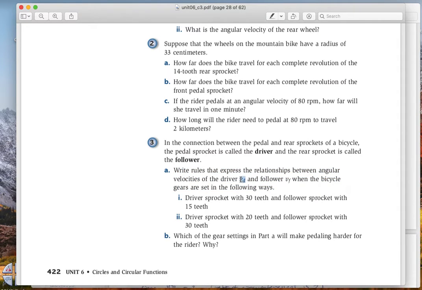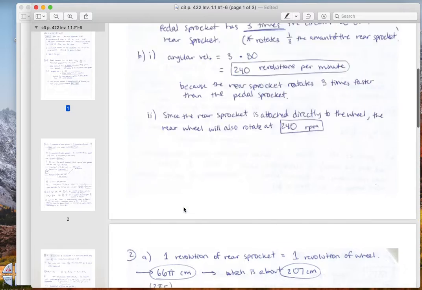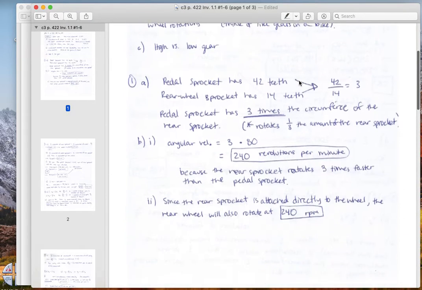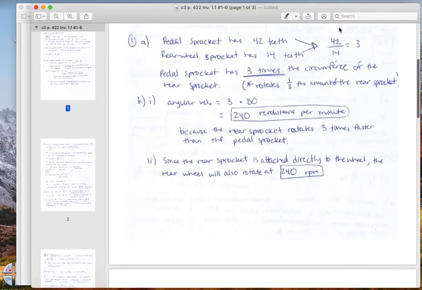So V subscript D represents the velocity of the driver, and V subscript F represents the velocity of your follower. So let's say your driver, your pedal sprocket, has 30 teeth, and the follower sprocket has 15. Like before, in problem 1, we determined the relationship between the two by taking the driver's number of teeth, or reference of measurement.